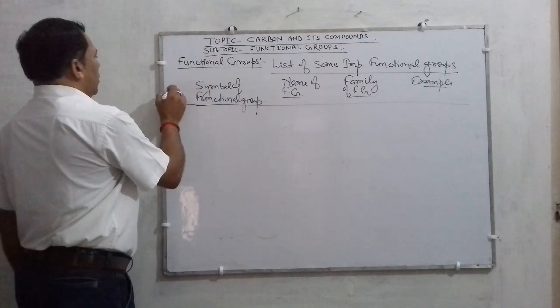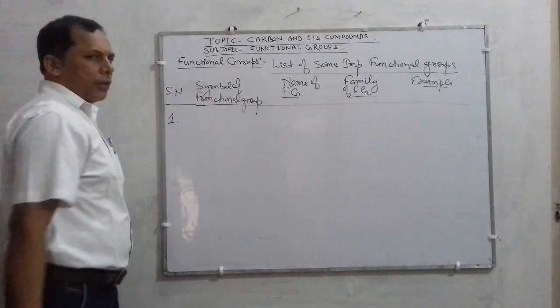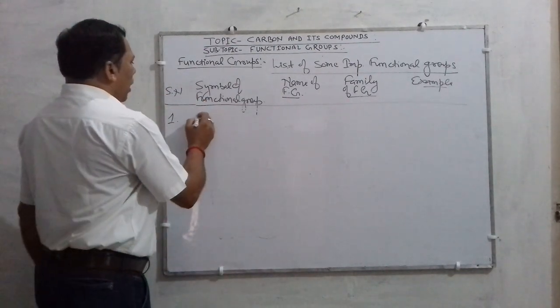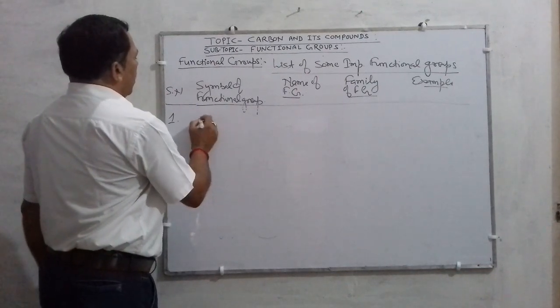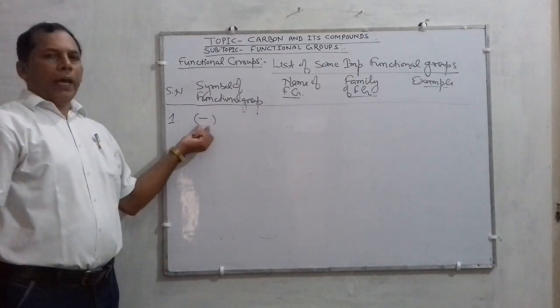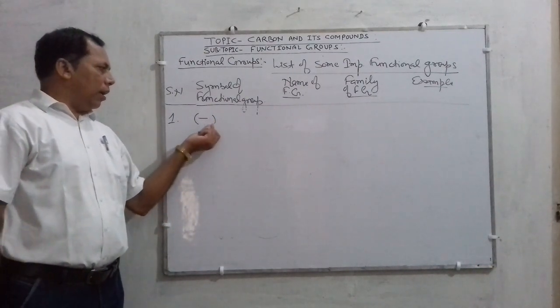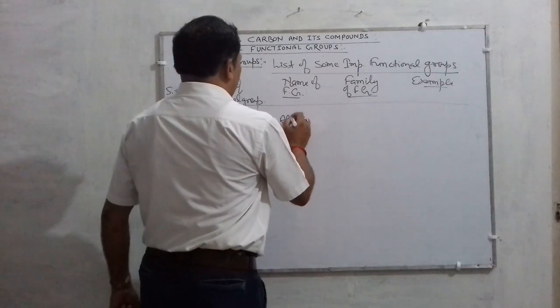So write serial number. For serial number one, I am writing hydrocarbon, saturated hydrocarbon, which is represented by a single line, meaning a single bond. That is alkane.